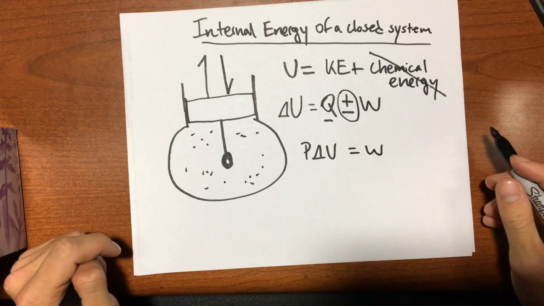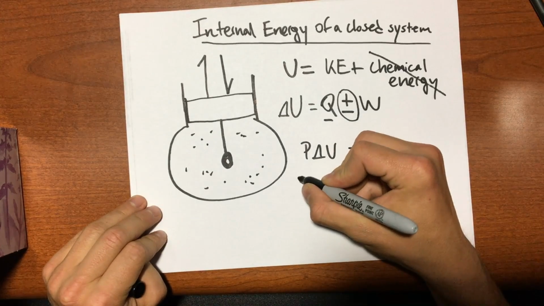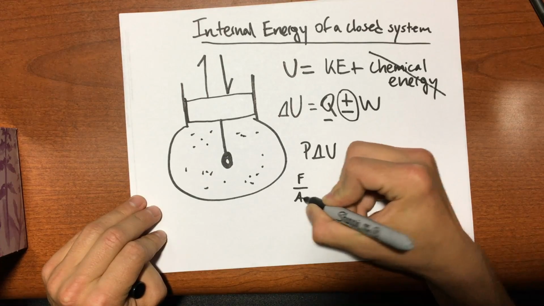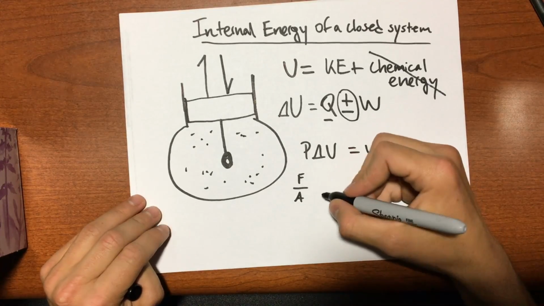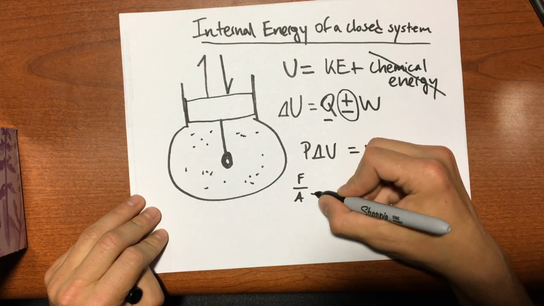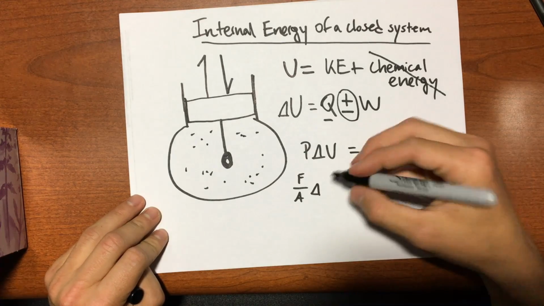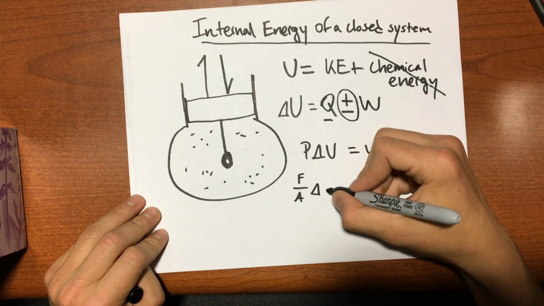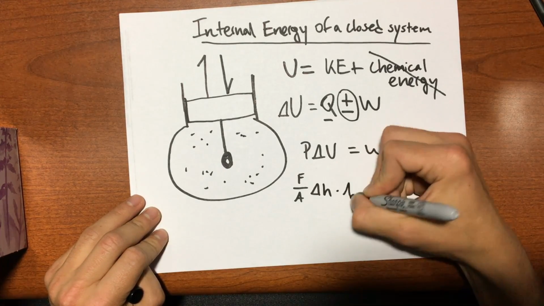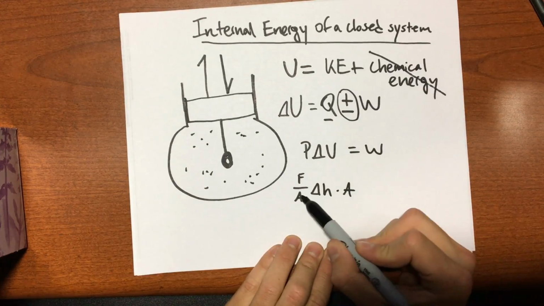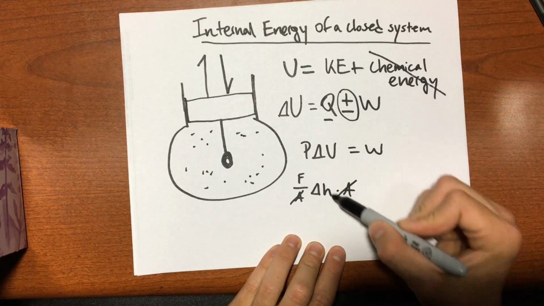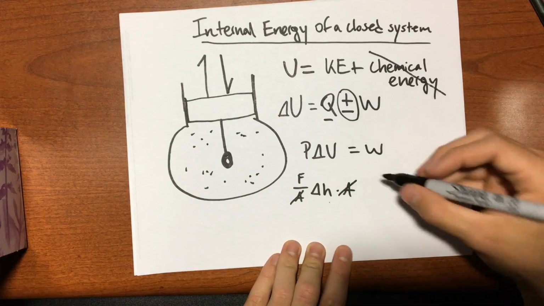Well, this is where the fluid mechanics comes in. Pressure, we know, equals force over area. And volume essentially equals change in height times area. So, if we cancel these out, that's force times change in height.